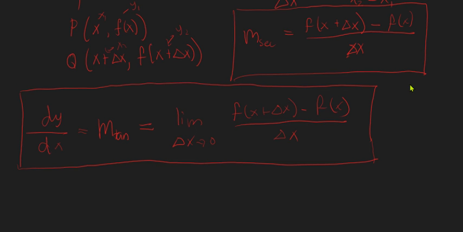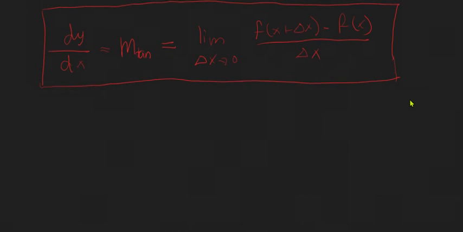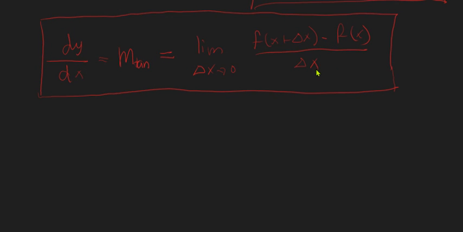Now let's take an example to illustrate this one. So remember this is the basic definition of a derivative. So in your module, we have an example. We want to determine the slope of a tangent line.